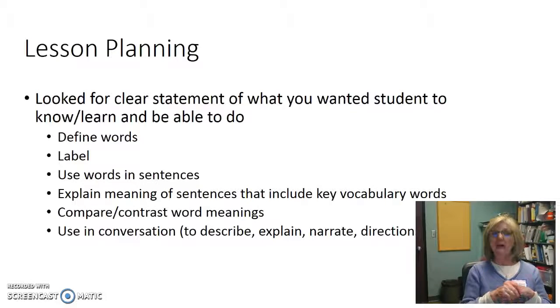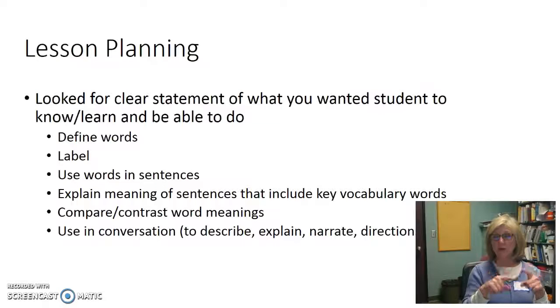Another performance might be to use the vocabulary in a conversation. So this might be focused on social studies, science, or a book that they're reading, literature, English language arts. But your lesson objective is that they actually use the words in a conversation, either maybe to describe, to explain, to narrate, or to give directions.